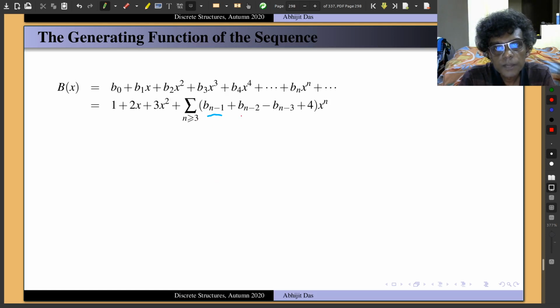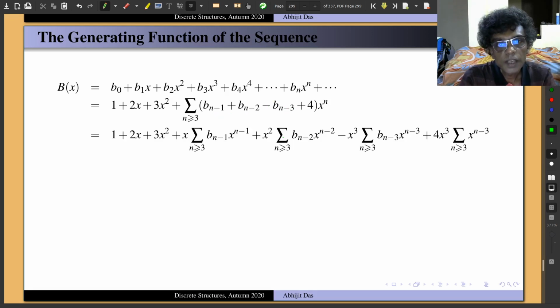Here you are getting another occurrence of the sequence, although it is starting from B1, B2, B3, and this is anyway the third occurrence of the sequence. This time it is starting from B0, B1, B2. Okay, so let me rewrite this.